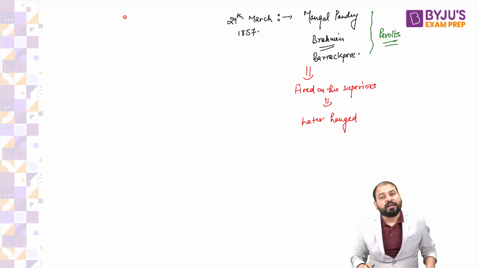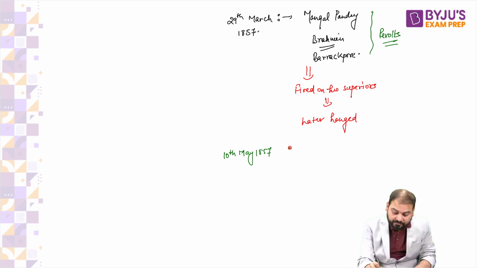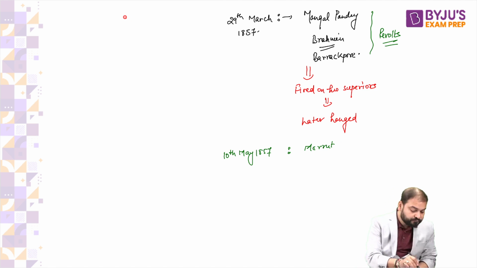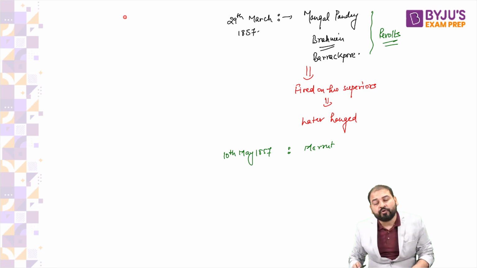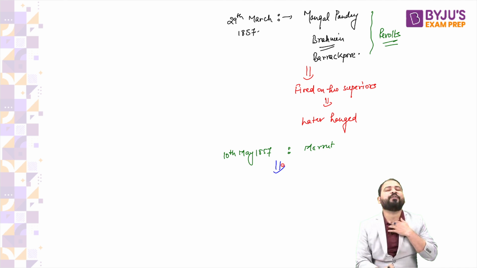But then there was a lull. And the lull was broken on 10th May 1857. Now this time it's Meerut. The soldiers have revolted. All of you, Meerut is how far from Delhi?